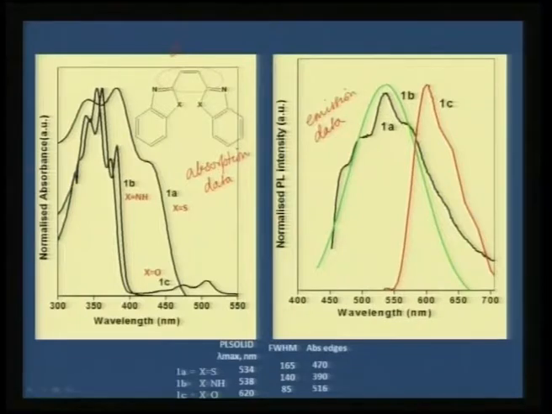Now if you see here, you can very well understand that if it is a thiazole based molecule, the band edge is shifted by over 70 nanometers. It is more towards the visible region in case of thiazole species, and imidazole is blue shifted here.